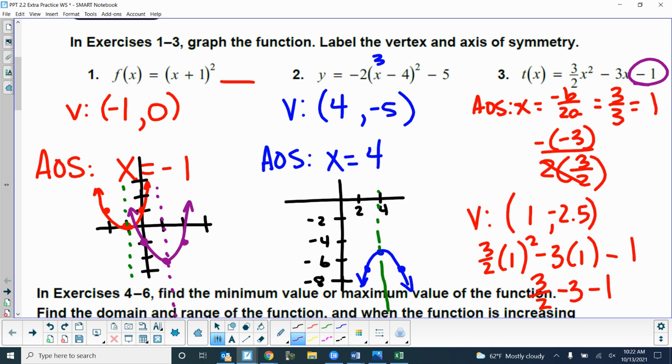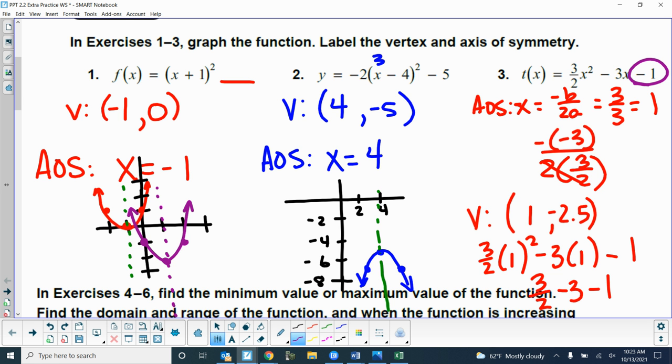Same thing with the purple one. The blue one, left of it's increasing and right of it's decreasing. Think of what it's doing left to right. And what values do we look at for increasing? X or Y values?